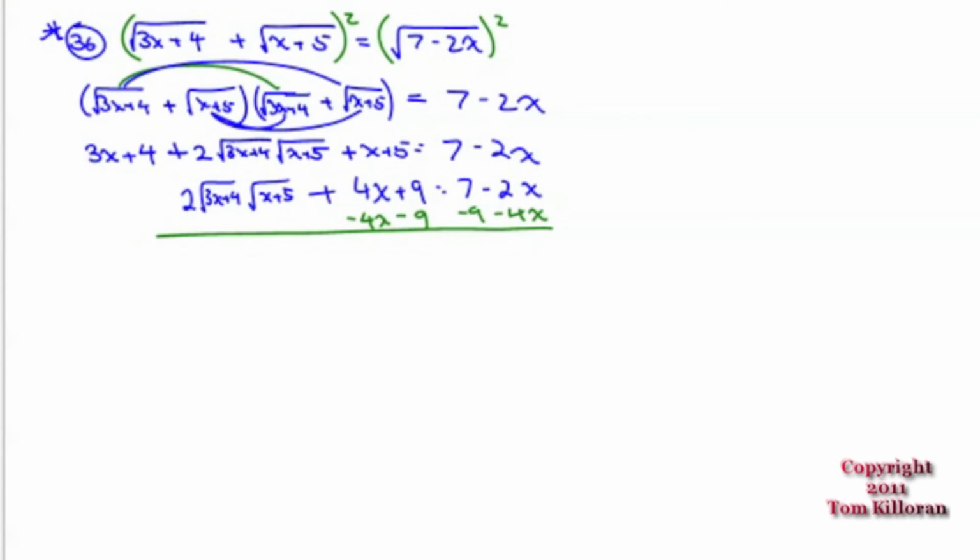You're going to get to a nice answer, but it takes too long and it really doesn't test your abilities that much. It just tests your extra abilities, I guess you would call it. So on the left-hand side, you have 2 square root of 3x plus 4, and a square root of x plus 5, multiplied together still. The other side is negative 2 minus 6x.